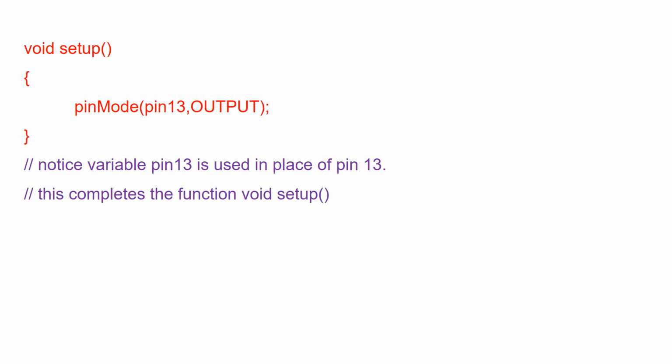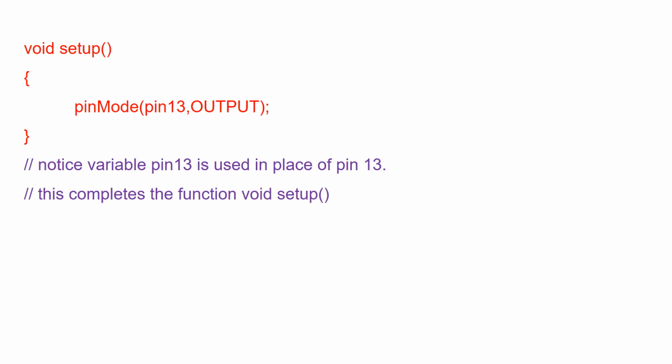Type void setup, open small bracket and close small bracket. In the next line, type open curly brace, go to the next line, give a tab space, type pinMode, open small bracket, pin 13, comma, OUTPUT, close the small bracket and put semicolon.